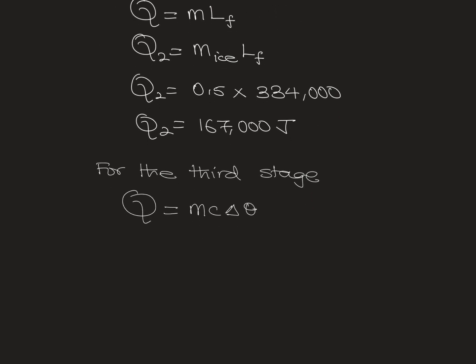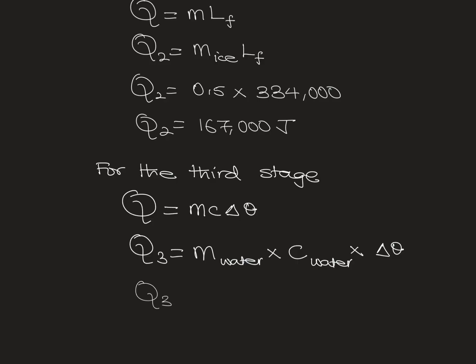So Q3 is equal to M, the mass of the water, times C, the specific heat capacity of water, multiplied by delta theta. The mass of the water will be the same as the mass of the ice, because it is the ice that is being melted or converted to water.